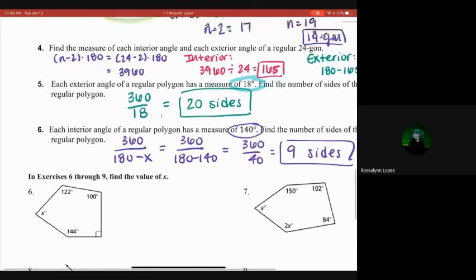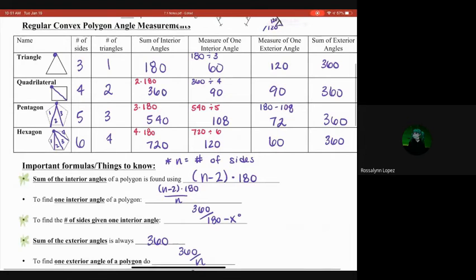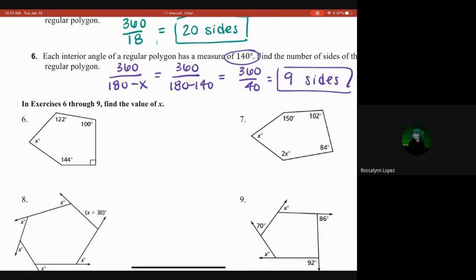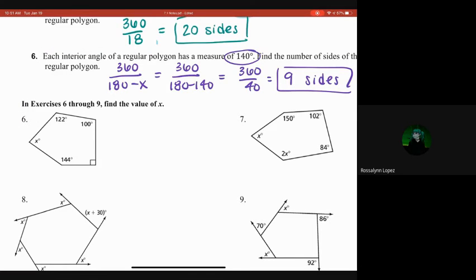It's always a nice thing to look at our handy dandy table if you really wanted to. A 5-sided shape is going to have a sum of 540, or if you don't know, just use your formula. But I don't normally give you anything too crazy. So what we're going to do is take our angles, add them up and set them equal to 540. Now, if you like to go through and subtract what you have first, that's totally fine.